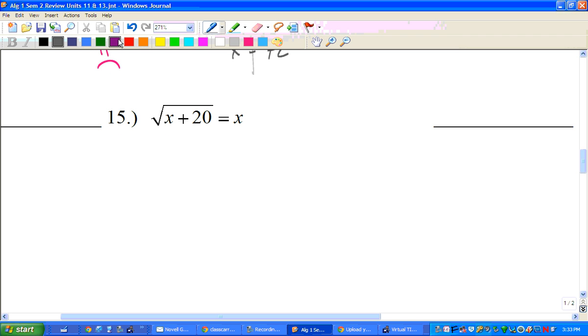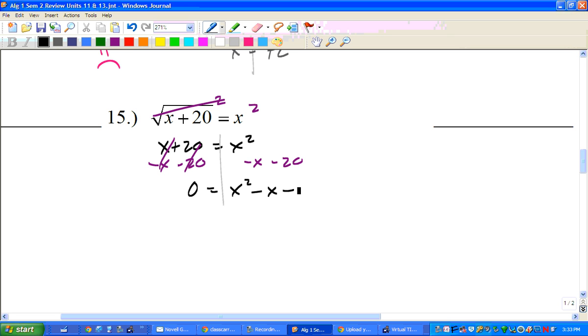Alright, number 15. Square both sides so they cancel, and we get x plus 20 equals x squared. Okay, we want all of our information on one side. So those cancel, and we get x squared minus x minus 20.